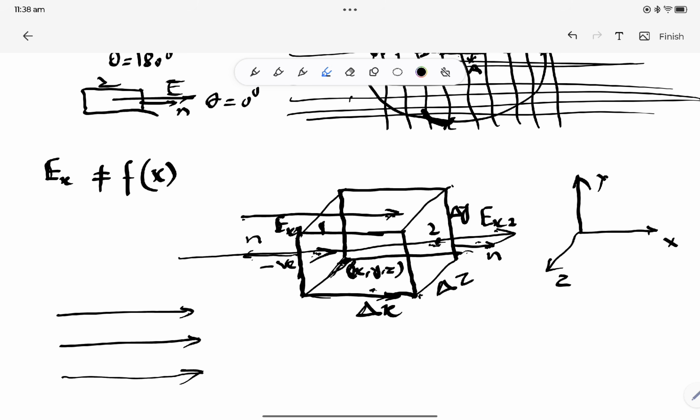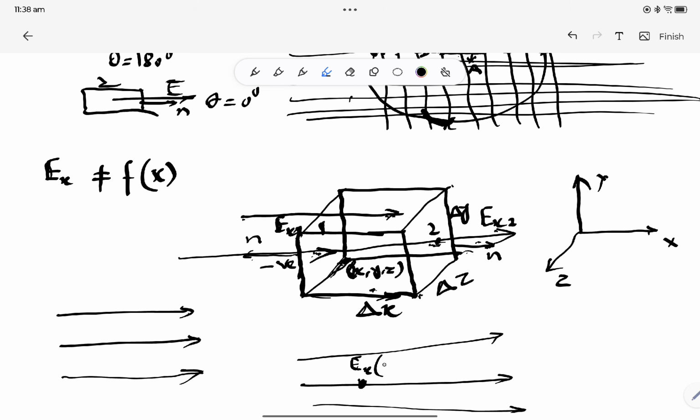However, if the field is like this, if there is a variation, then the electric field at this point, Ex1, will be more, and the electric field at this point will be less.